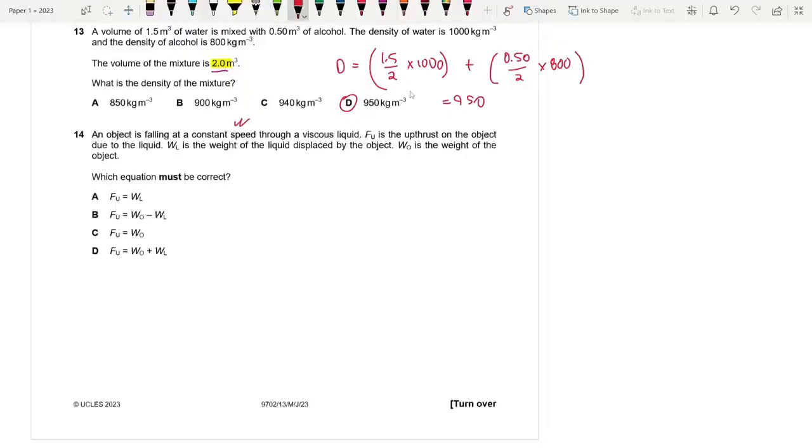Since the object is falling at constant speed, we know that it has a weight downwards like this, and it has upthrust like this. Since it's passing through a viscous liquid, it obviously should have some drag force, but they haven't mentioned that. Since it's at constant speed, the net force must be 0, or upward force must be equal to the downward force.